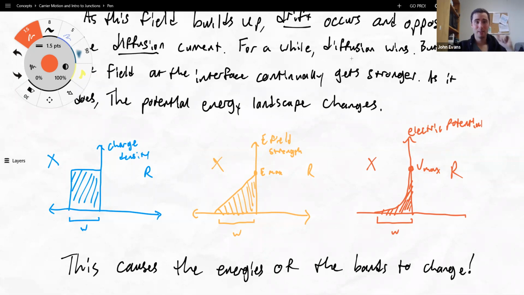When you do that, you can then say, okay, well then what's the electric field strength at any given point? Well, as you get closer and closer to the interface, the electric field gets stronger and stronger until you get to a maximum value right at the interface, which makes sense, right? Because we're getting past more and more positive charges in this case. Think about it this way. We have a whole bunch of positive charges.